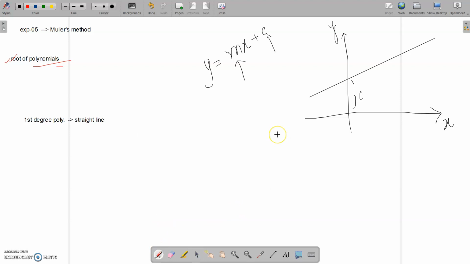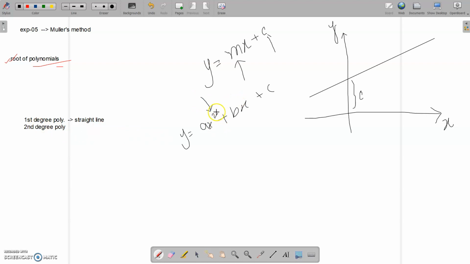Now if we go higher, say for example a second degree polynomial, what is the equation? This is the general form: y equals ax square plus bx plus c. It is second degree because the highest power of x is 2.